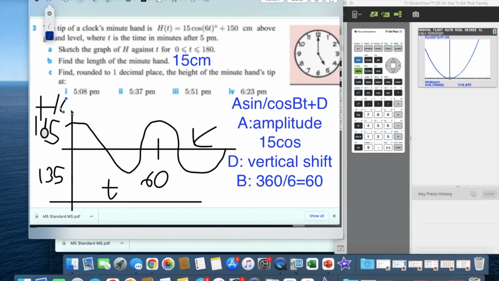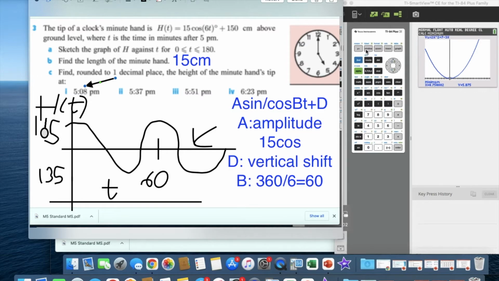And actually we can label this a bit more specifically and call it h of t, which means the height as time varies. Now we've got to find out what happens at 5:08. Now you've got to think, out of 60 minutes, what happens at 5:08? Well, hopefully you can see that this is going to be 8 minutes, or when x is 8.